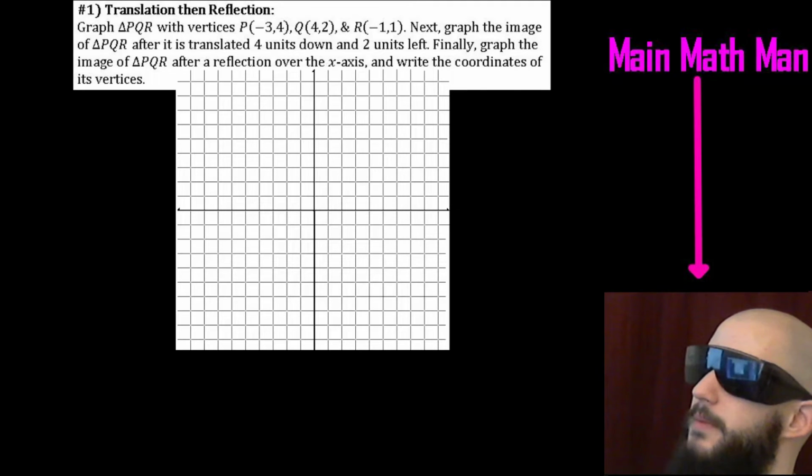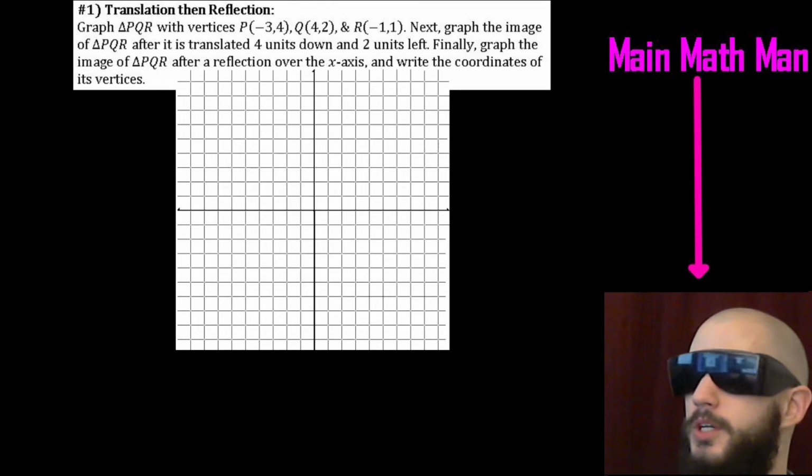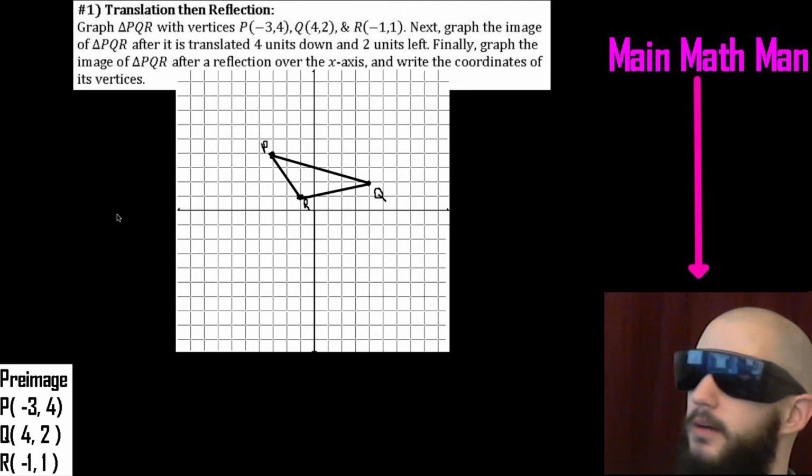So one step at a time, let's first graph that original image, aka the pre-image. We have the pre-image in black, those points P, Q, R. Pretty simple, pretty straightforward.